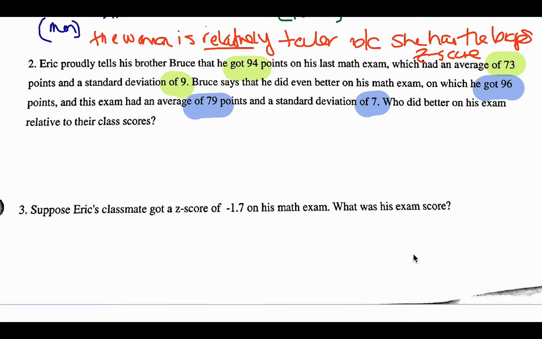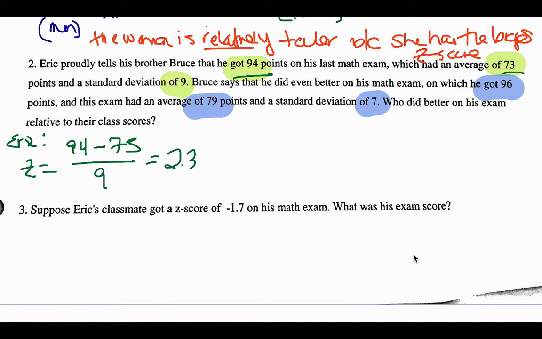So the boys want to compete and see, well, who really did better. So let's do Eric first. Eric is in green. His z-score, it's always your score, which is a 94, minus the average, which was a 73, divided by standard deviation. This one comes out to 2.33, so he did pretty good.